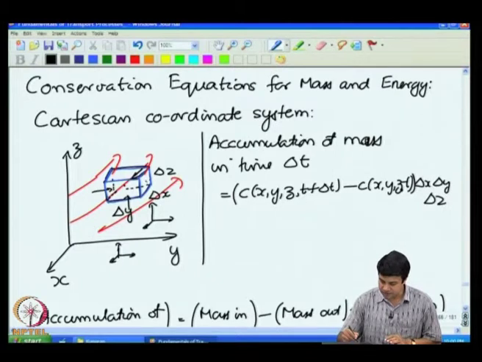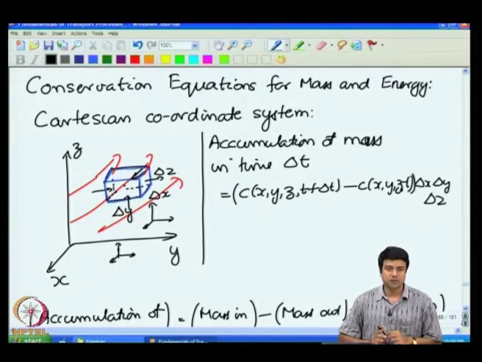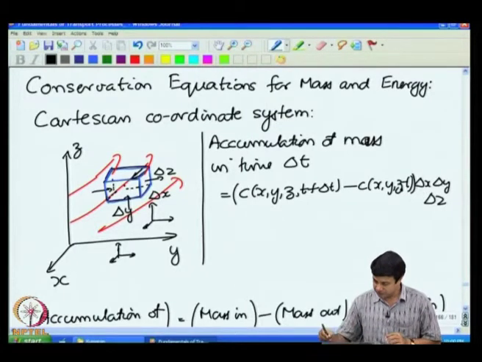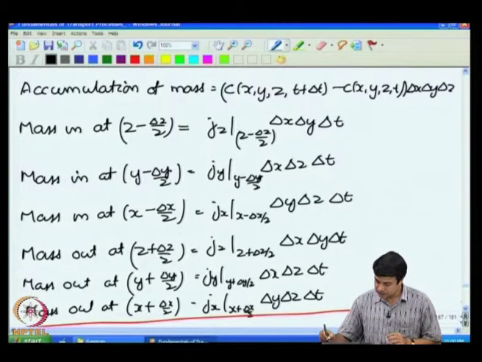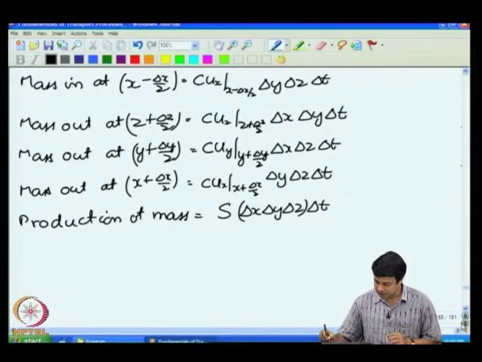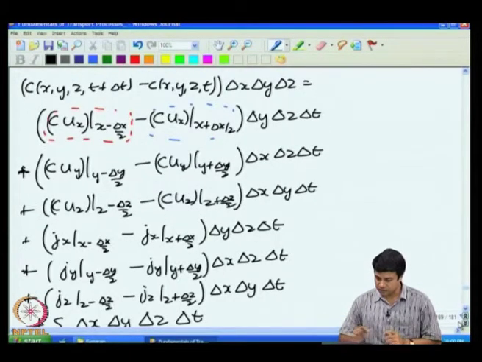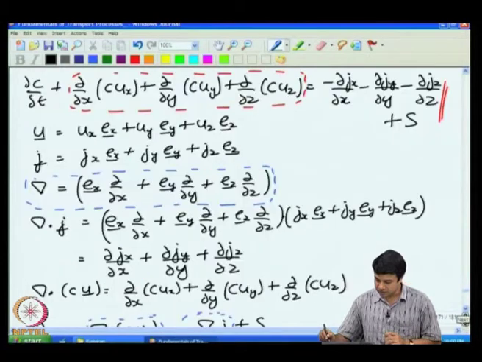So, at this surface the flux in the plus z direction is leaving the surface, so the mass decreases. So, we write down the balance for the mass in and the mass out, and from that we get the accumulation, and then we divide throughout by volume times time in order to get the differential equation.